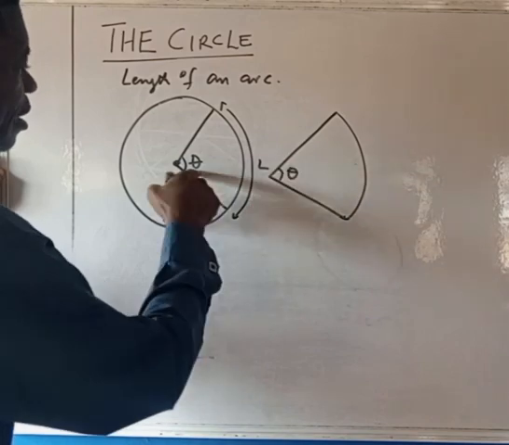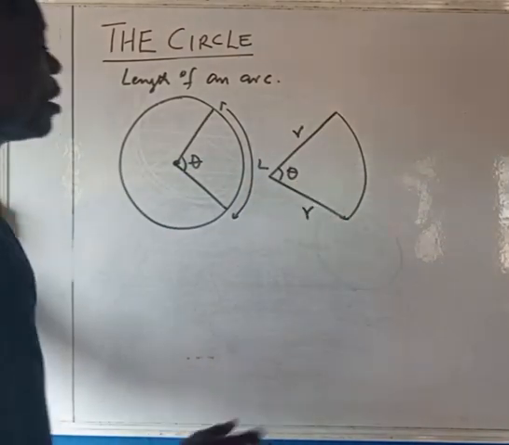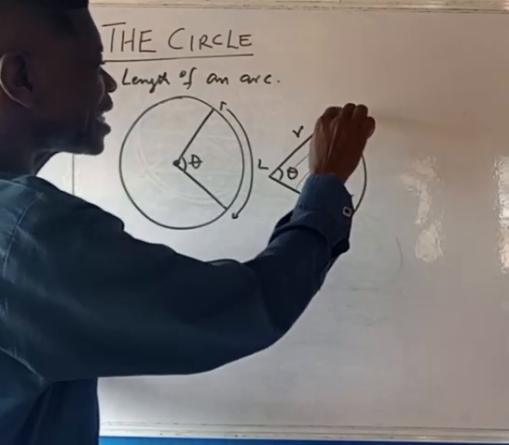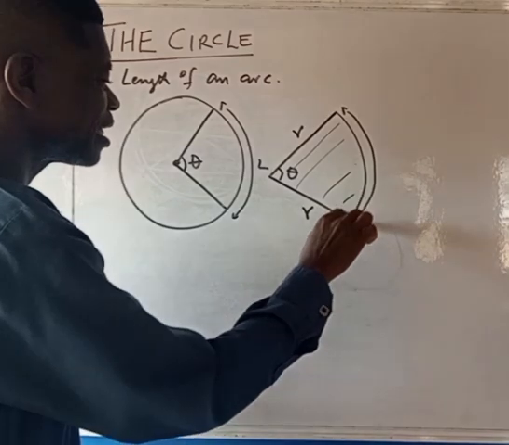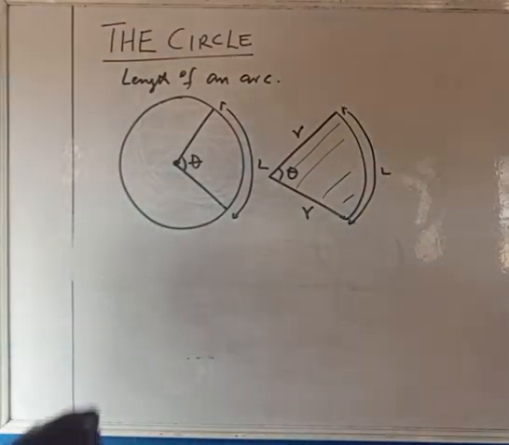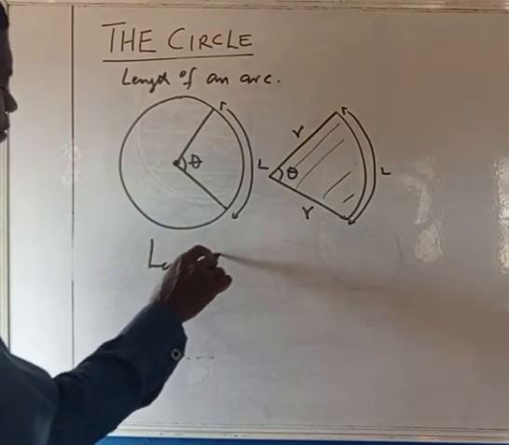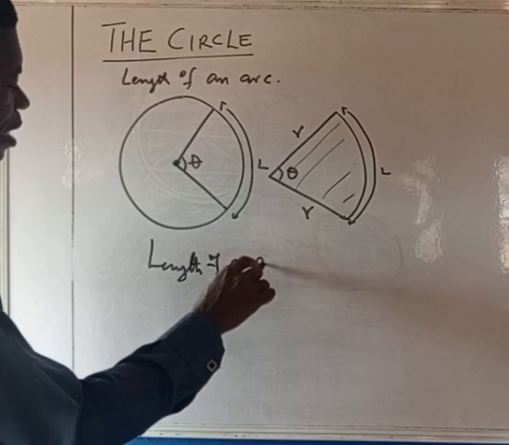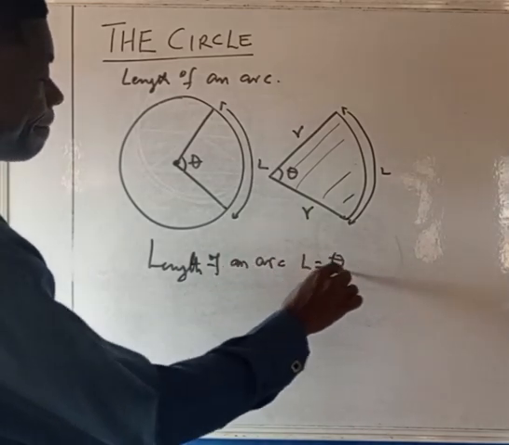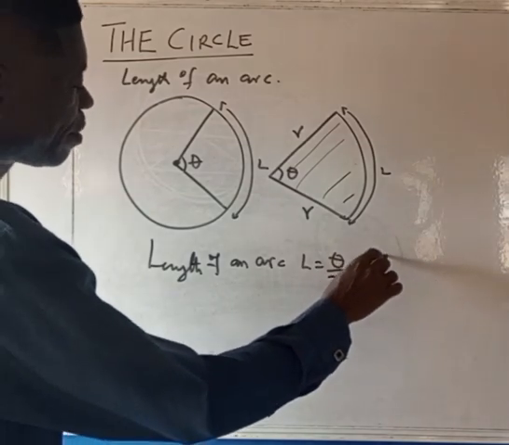This is the theta here, radius, radius, so that when you see it outside, you know it's a sector. The whole of this shape is called a sector, but this line from here to here is called the length of an arc. Therefore, the length of an arc L is equal to theta over 360 times 2 pi r.